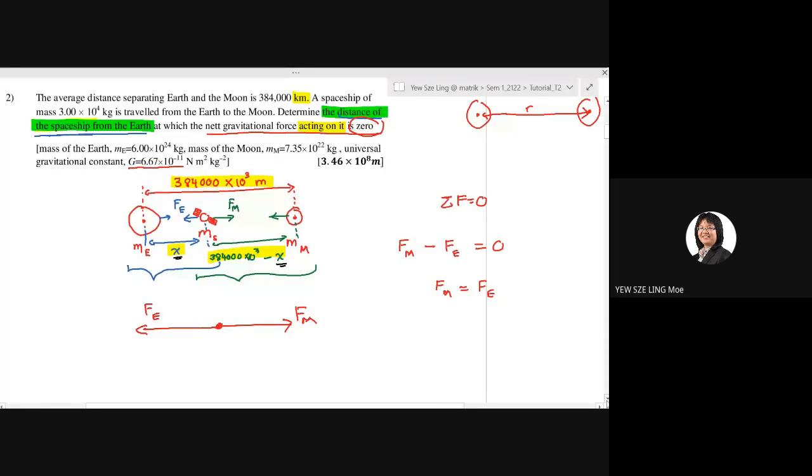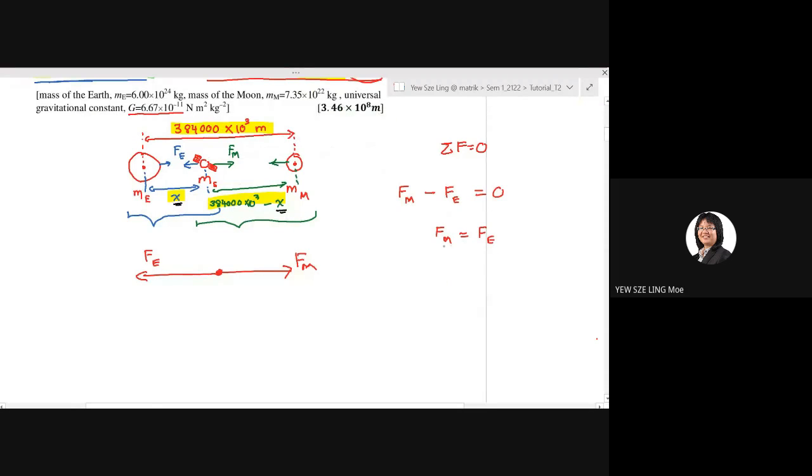All right. So Fm, what can I say about Fm? Fm is the force between the moon and the spaceship. Therefore, G, since it's the force between the moon and the spaceship, I use the mass of the moon and the mass of the spaceship in my question, divided by r squared.